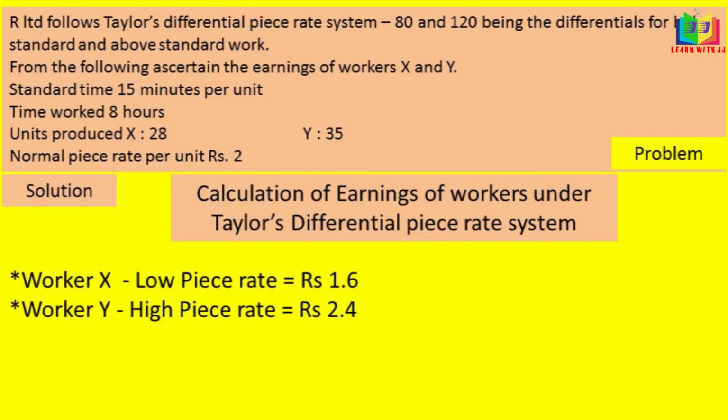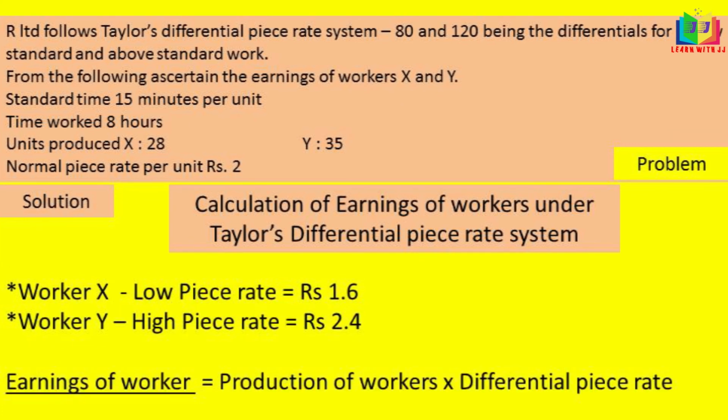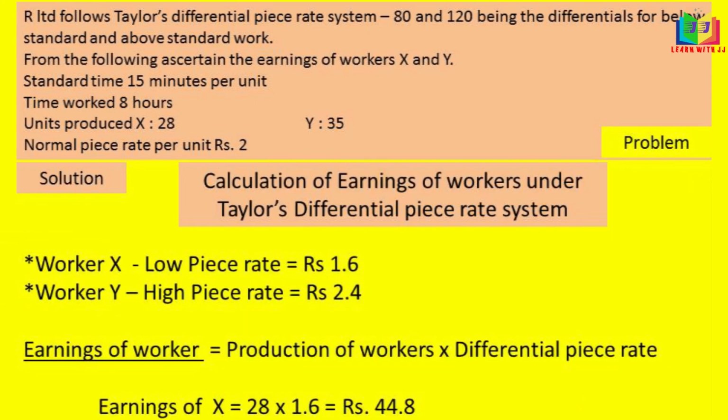Now we have to calculate the earnings of the workers. Earnings of a worker is nothing but production of the worker into the differential piece rate. For X, the production is 28 units into 1.6, because his performance is low, so he'll get the low piece rate. So 28 into 1.6 equals 44.8 rupees.